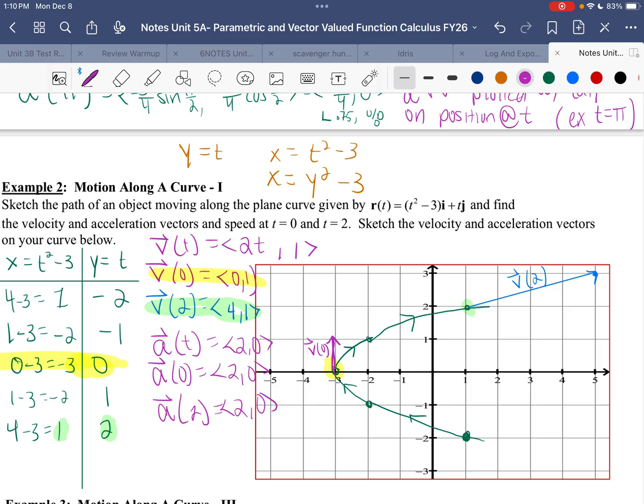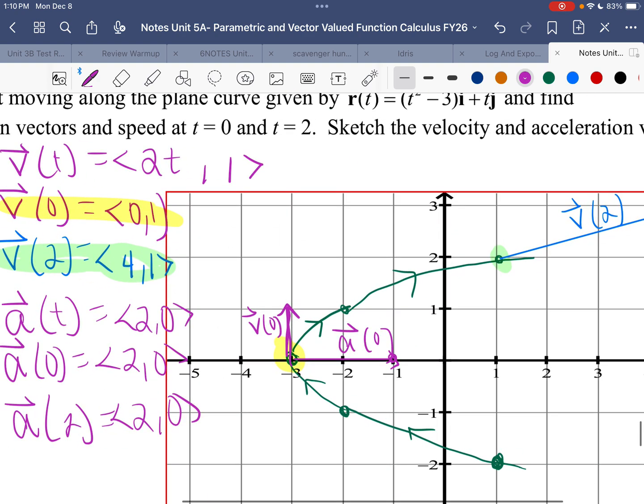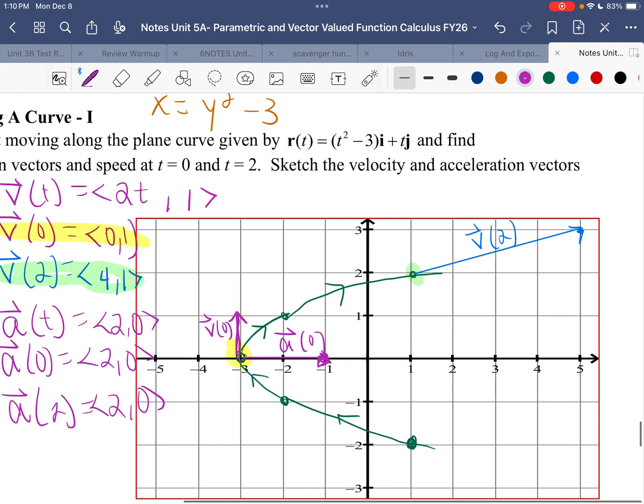So right 2, up 0, and from the same tail, right 2, up 0. That's terrible. Okay, totally missed. Kind of looks like my parabola was intersecting it, but it would have kept increasing.